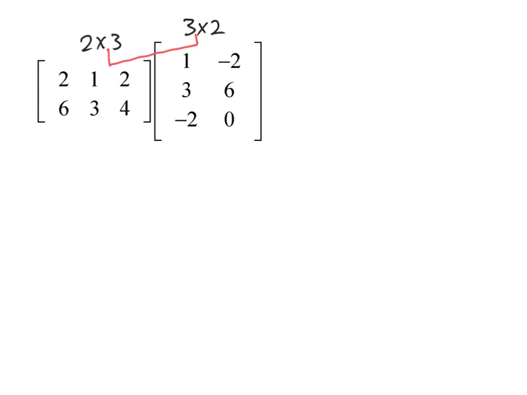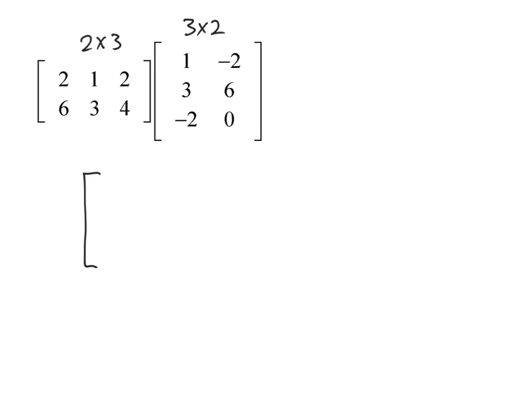So how you do this is you take the row of this matrix and multiply it to the column of this matrix. So I take this, multiply it to this. Since this is the first row and the first column, it will be the first row, first column in my new matrix.